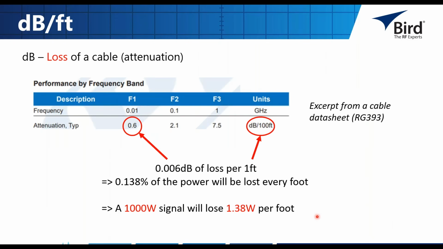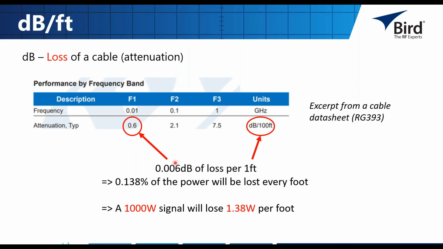Now, as I was mentioning cables, you'll usually see a loss quantity like dB per foot or dB per meter. Here's an excerpt I took from a data sheet of an RG393 cable, where we have dB per 100 feet as a measurement. You can see as we go up in frequency, those loss values are getting higher and higher.